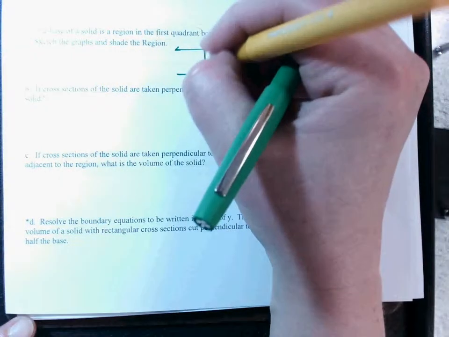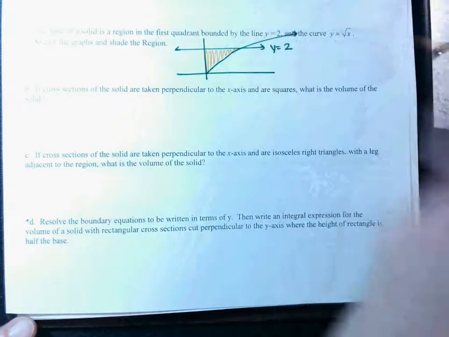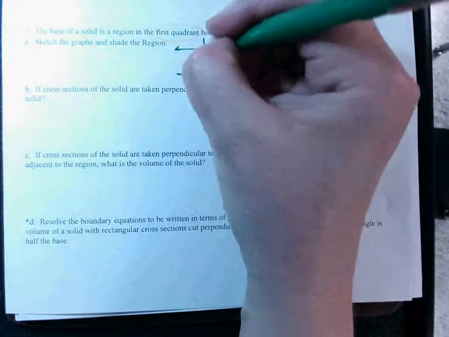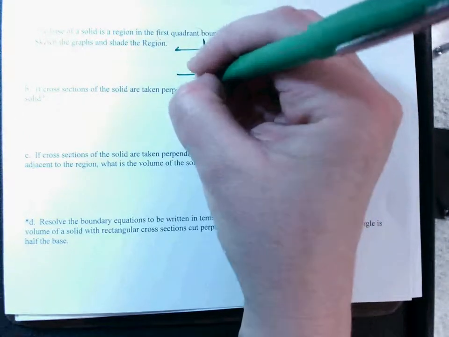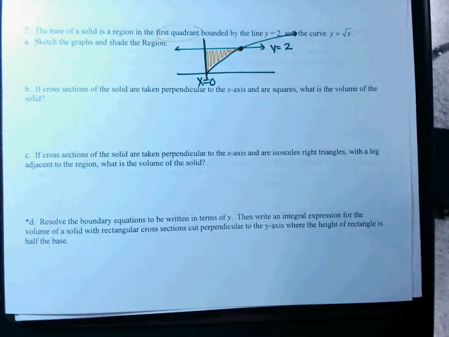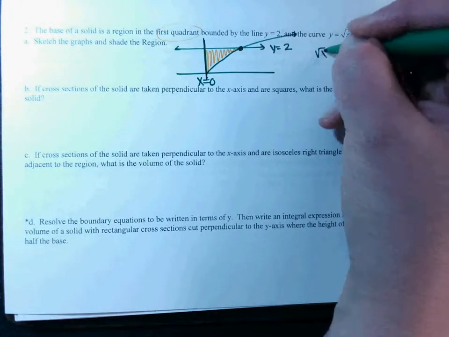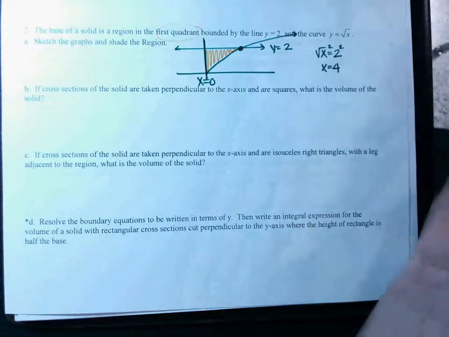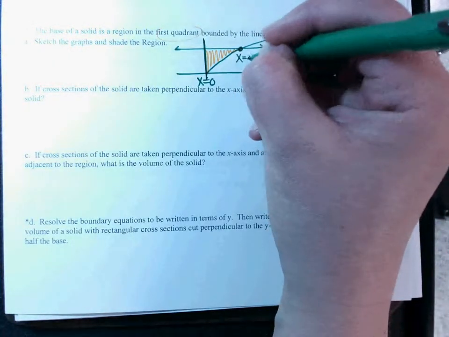So that's going to be this region right here. I have to stay between the graphs, but I also have to stay in the first quadrant. So this side is going to be x equals 0, and then this side I'm going to have to find by setting them equal to each other. So if I let root x equal 2 and I square both sides, then x is going to be 4.